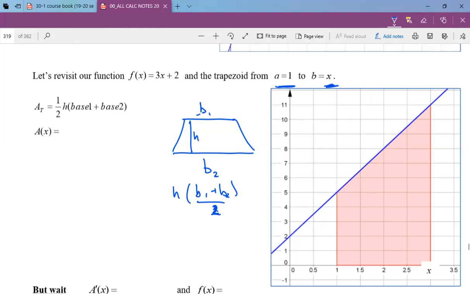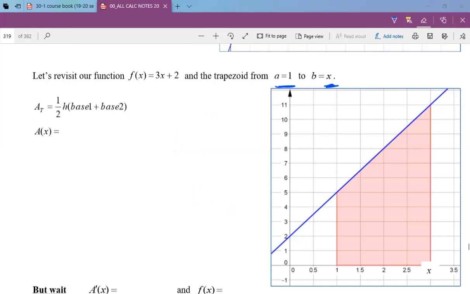That said, we now have this trapezoid that looks like it's on its side compared to what I just drew. The bases of it are here and here, so there's your base 1 and your base 2.